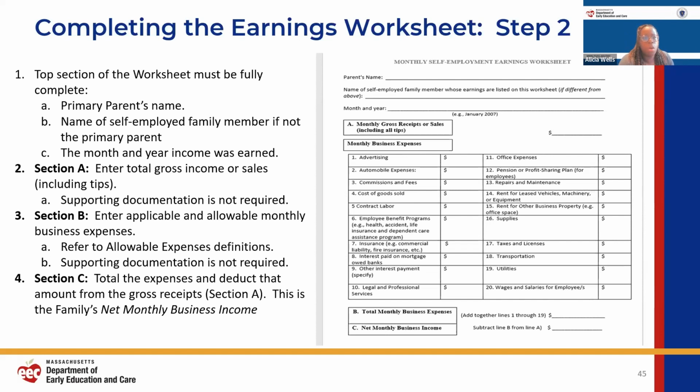There was a question on, if the parent has already established a business, can we just use their taxes and not the worksheet? Yes, and that's one of the slides coming up. If they come in with their taxes, you can go off of their taxes and do the analysis that way.